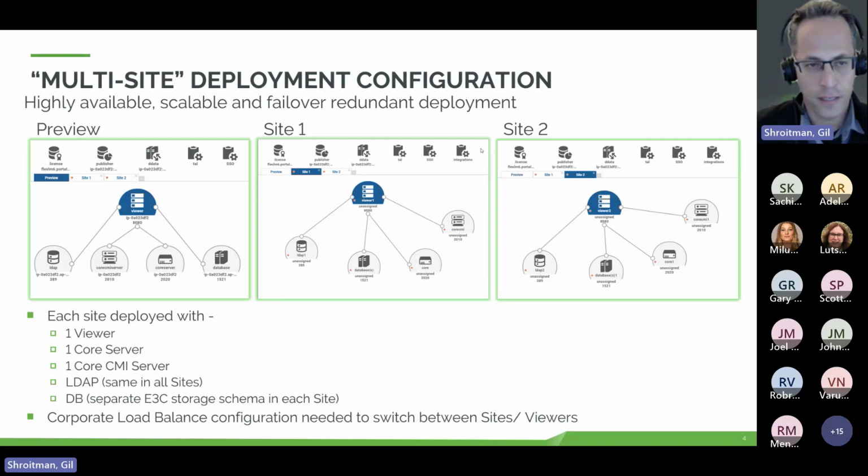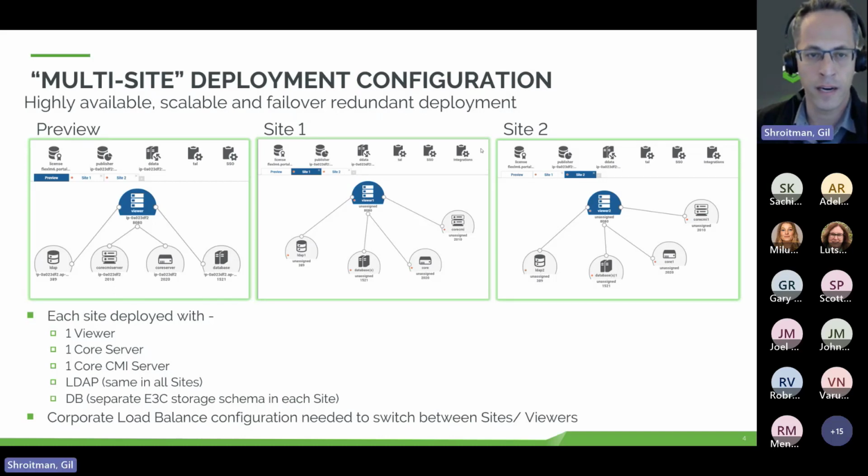And on top of everything, that's something that was there before, but it's critical, especially when it comes to multi-site deployment: you need to make sure that the corporate load balancer is configured to efficiently switch between the sites, or the viewer in each site, in order to channel your end user viewer application users to the primary viewer that they need to access to get the content delivered.